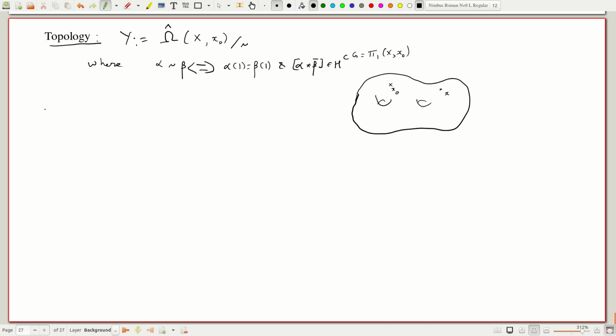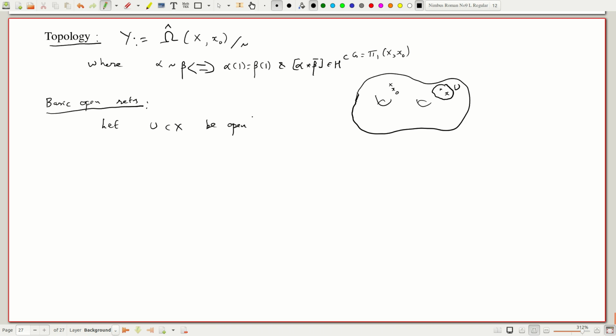Now we want to give a topology on it. We'll define basic open sets, and this is going to be kind of a quotient topology. Let's take an open set U containing x, namely let U contained in X be open.